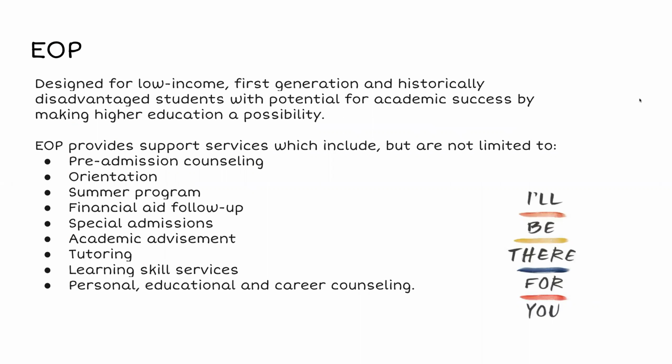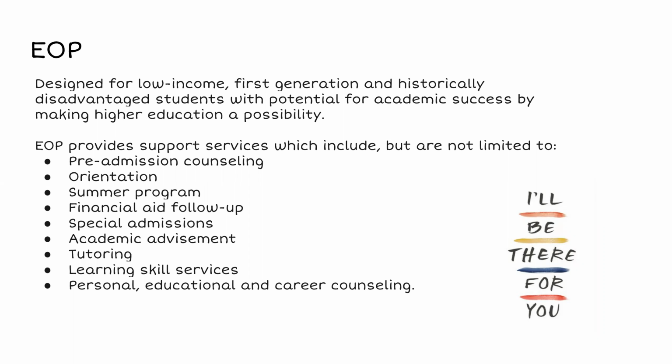And EOP, you'll see this option within your Cal State application to apply for EOP. EOP is basically designed for low income, first generation students who could really use the extra support in college to be successful. So if you apply for EOP and you're admitted into the EOP program at the Cal State that you're going to, you'll receive services such as financial aid, one-on-one support.